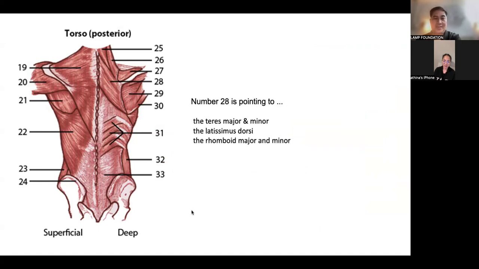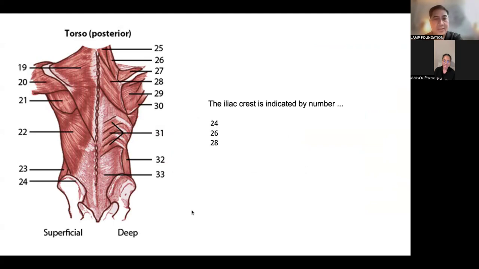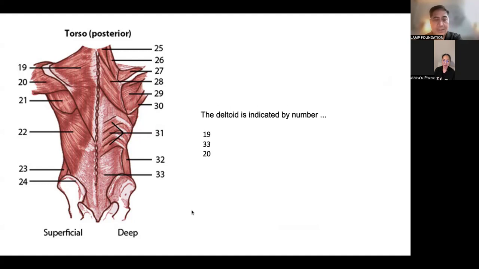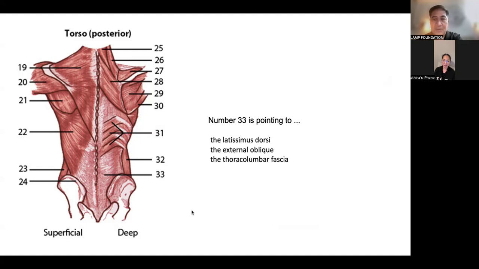Number 28, that's the rhomboid major and minor. Iliac crest, that's number 24. Number 29, that's the infraspinatus. Number 31, the serratus posterior. Deltoid, that's number 20. Number 33.